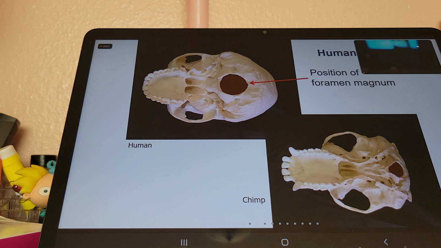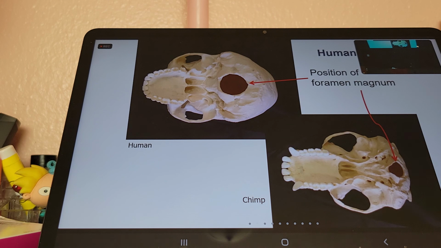Okay? That reflects our center of gravity. So in order for us to be upright all the time, which is associated with bipedalism, even sitting as a biped, your thorax and abdomen are completely upright, as is your neck and your head above. You need that foramen magnum underneath the skull for anterior position.